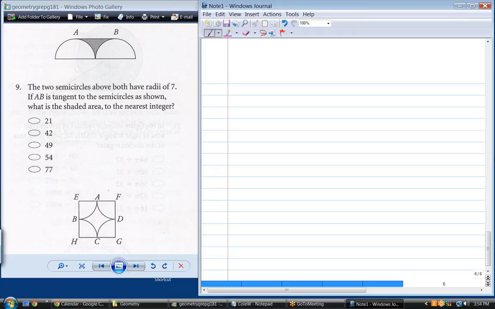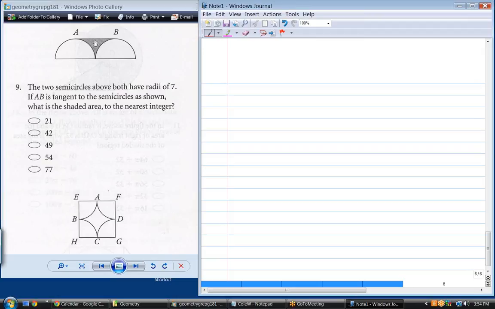A shaded area problem. I tell everybody that shaded area problems are subtraction problems, because we don't have the mathematics to figure out the area of that shape.